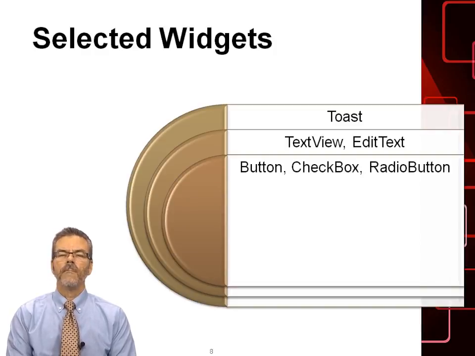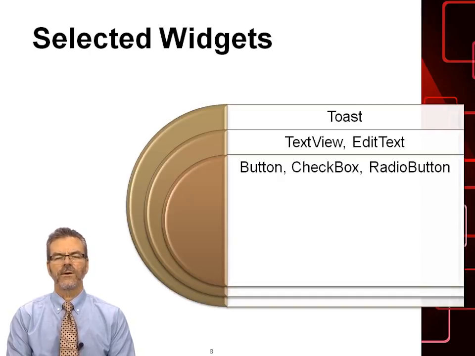There's also button widgets. In fact, there's a number of button widgets. I've chosen three here that are some of the most common. Probably the most common is just called button. By the way, all of these names that I show here are the exact names that you'll use both in Java and in XML.